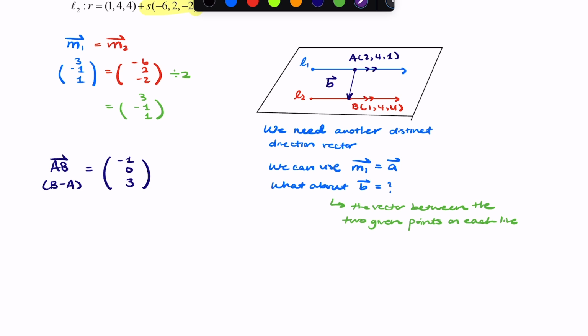So here, if we write our vector equation, we have our position vector, which is equal to 2, 4, and 1, plus s times 3, -1, and 1, plus t times -1, 0, and 3, which we just found from vector AB, or here representing as vector B. Here again, s and t are an element of real numbers.